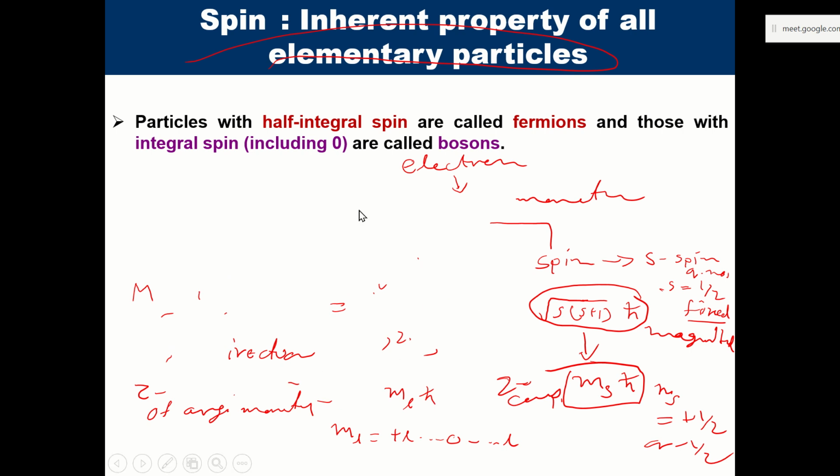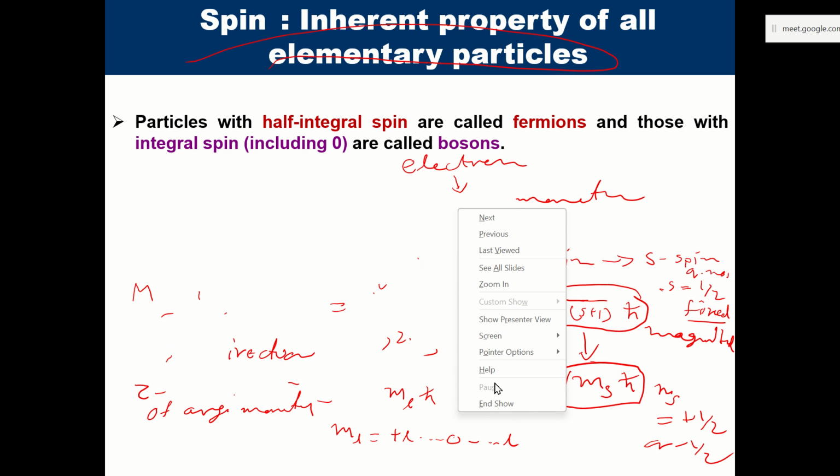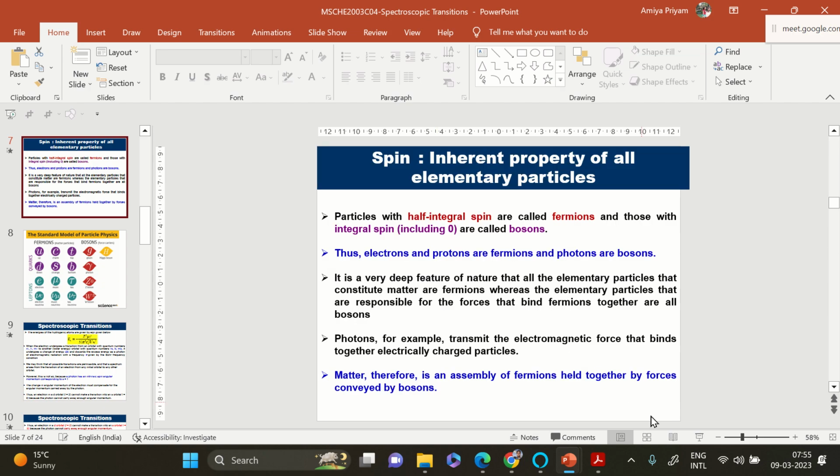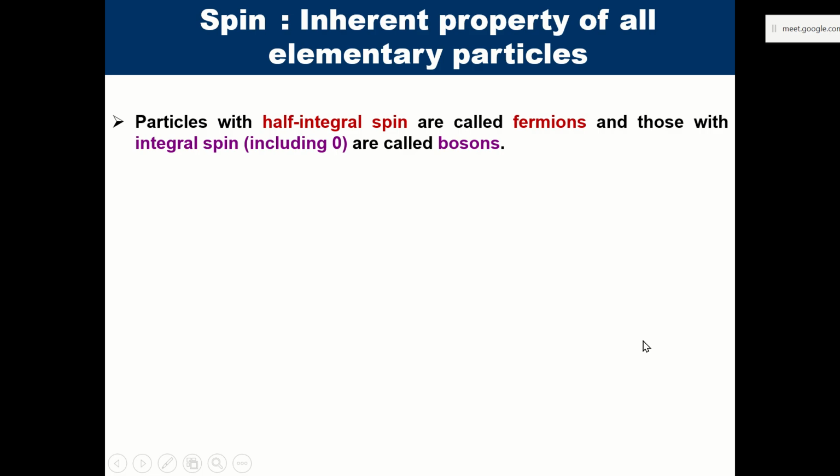Let me clean up the slide. Okay, so fermions: electrons, protons, neutrons, all of them behave like that in terms of spin. And there are also other particles.